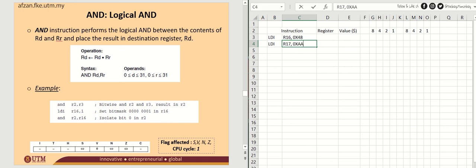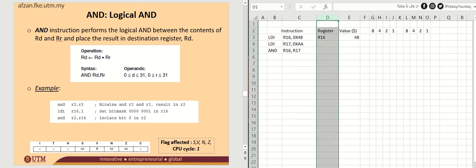This instruction is executed sequentially. The next instruction that we have here is AND R16, R17. So what is going to happen here? First, for the first instruction, LDI R16, 0x48. What happened is now R16 has the value 48. This is the hexa value.